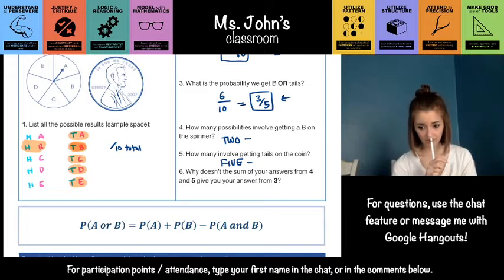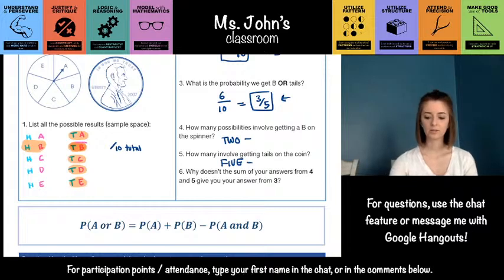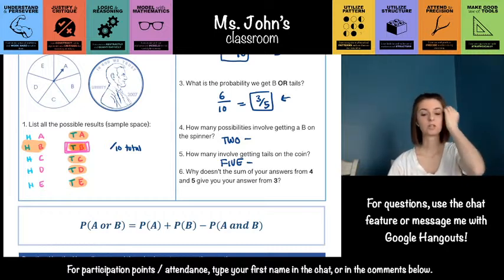You might notice that we would have counted one option too many times, right? The possibilities with getting a B include this one and the heads B. And then the possibilities for getting a tails also double count this one, right? We counted that one twice, once with the tails and once with the B's, which is why we can't just add the probabilities.